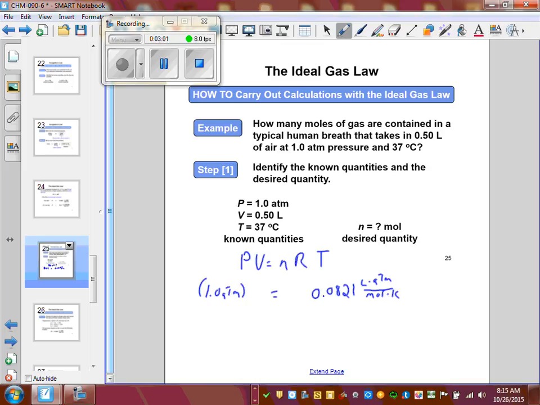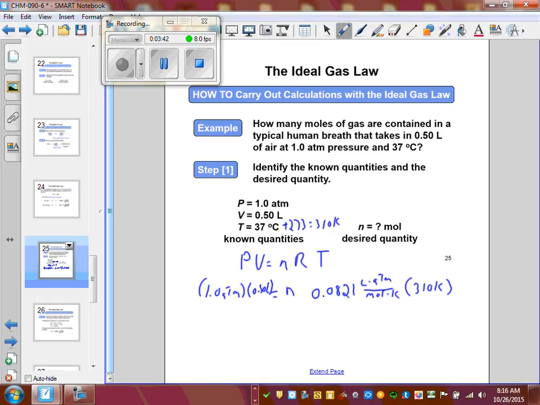The volume has to be in liters, and we have liters, so we're fine, 0.5 liters. n is what we're looking for. T has to be in Kelvin. We're given Celsius, so to make it Kelvin, I have to add 273. That's 310 Kelvin. So I put 310 Kelvin there.